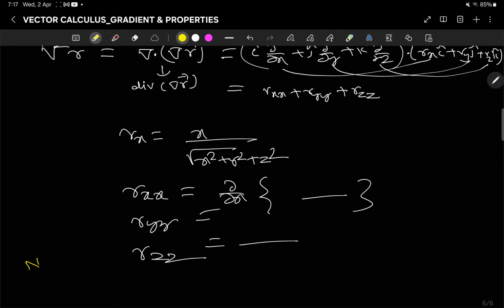You note that if your del square f is equal to 0, then it satisfies Laplace equation.